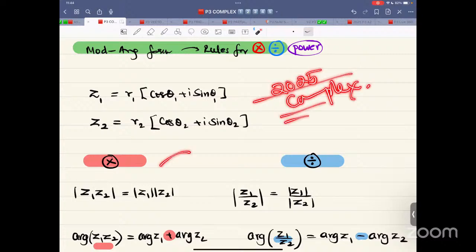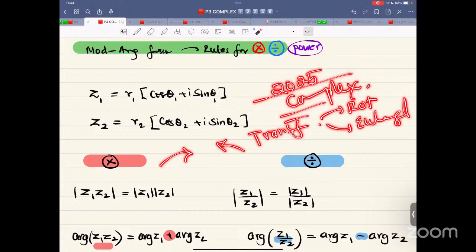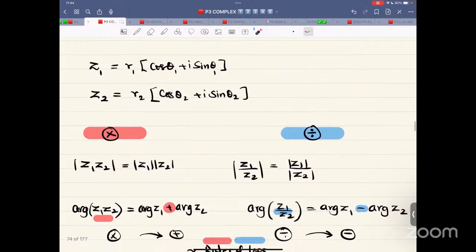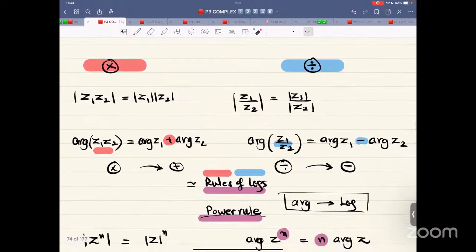There are some very, very good questions related to transformation. It is about rotation. It is about enlargement. So now magnitude of Z1 is R1, magnitude of Z2 is R2, argument is theta 1, argument is theta 2, respectively. If we want the magnitude of the complex number after multiplication, it's the individual magnitudes multiplying together.